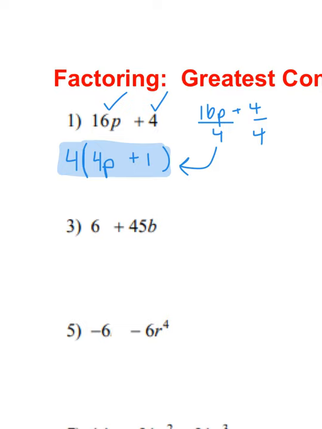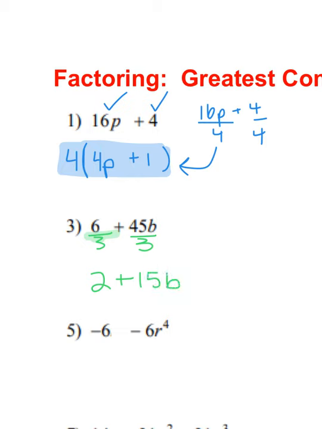I need to find a number that 6 plus 45b can both be divided by. I believe they can both be divided by 3. So if we divide by 3, 6 divided by 3 is 2 plus, and then 45b divided by 3 is 15b.